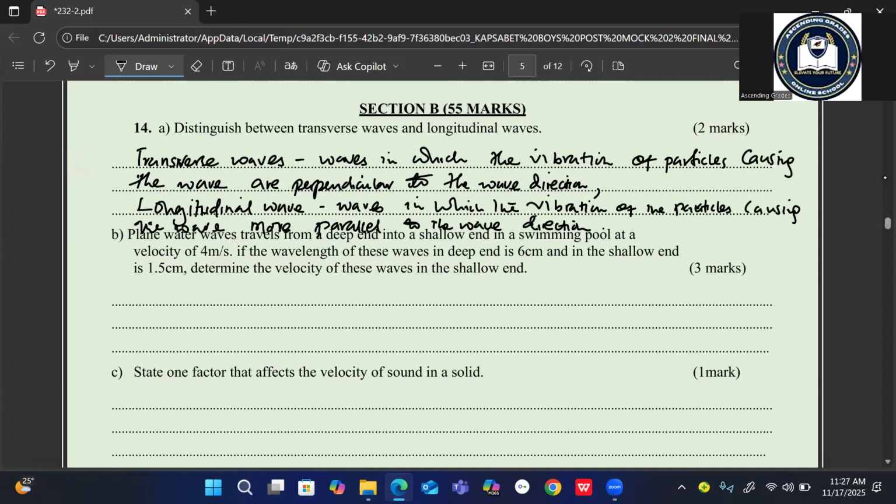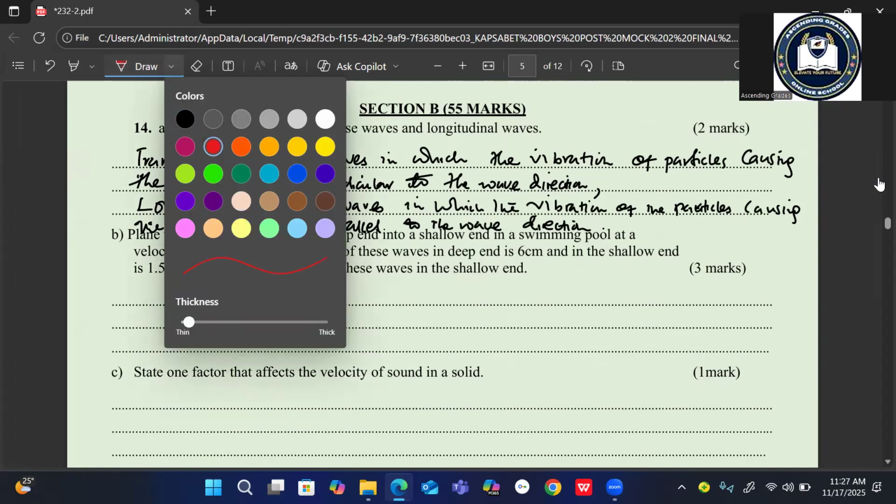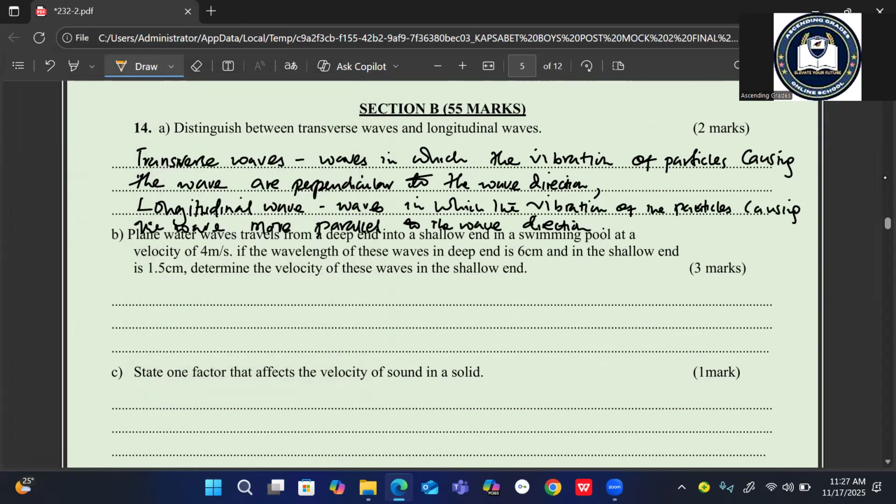Then you are told plane water waves travel from a deep end into a shallow end in a swimming pool at a velocity of 4 meters per second. So this one is from deep to shallow.